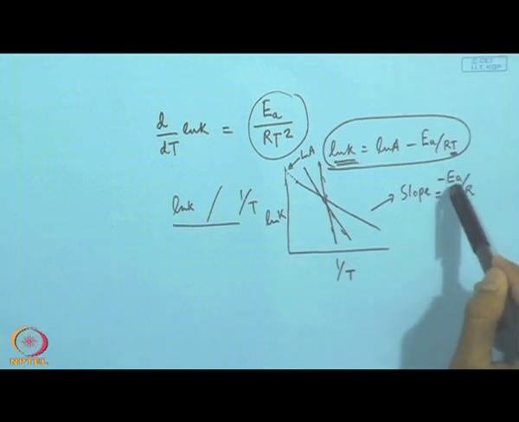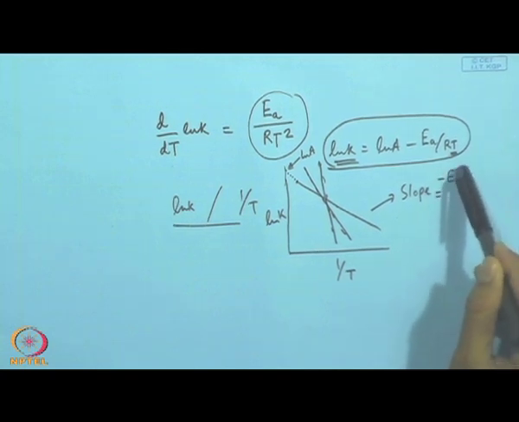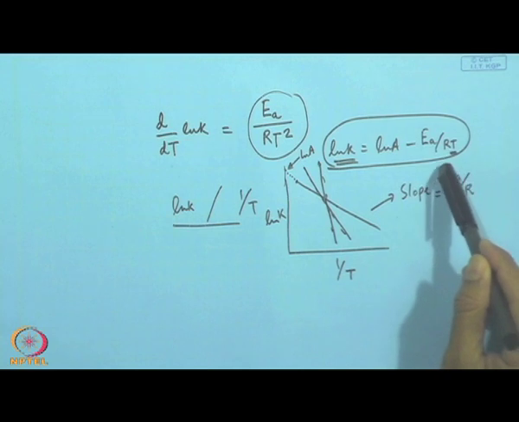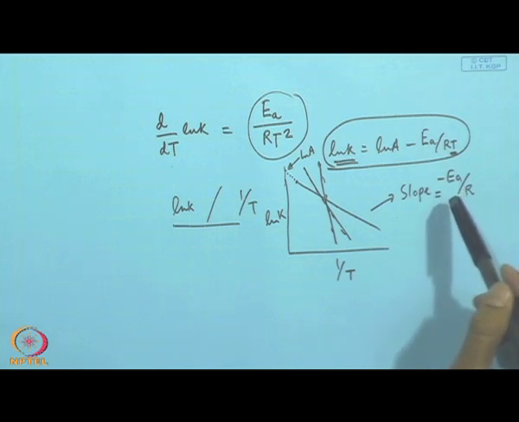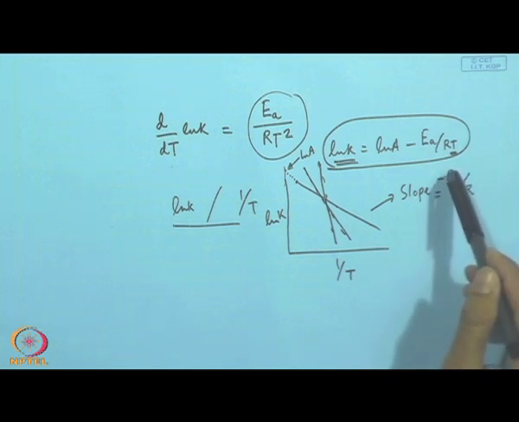So, this is a very important energetic quantity that determines, when you increase the temperature, whether you will have a significant change in the rate constant of the process. That is why we need to have a careful observation on this Ea value.